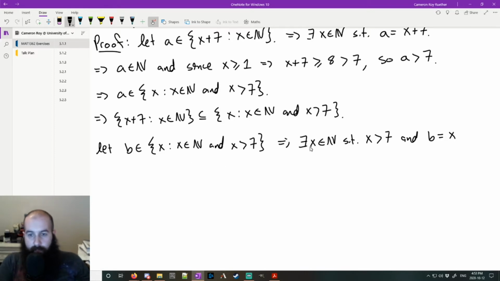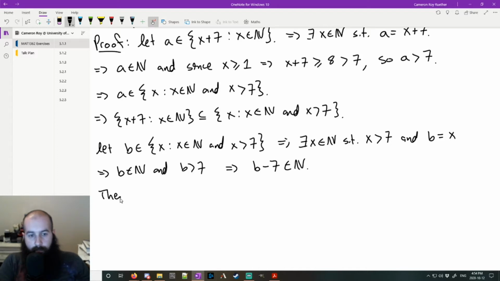So B is natural and it's greater than 7. This means, I'll just write that out, that B is natural and B is greater than 7, and B being greater than 7 means that B minus 7 is natural.